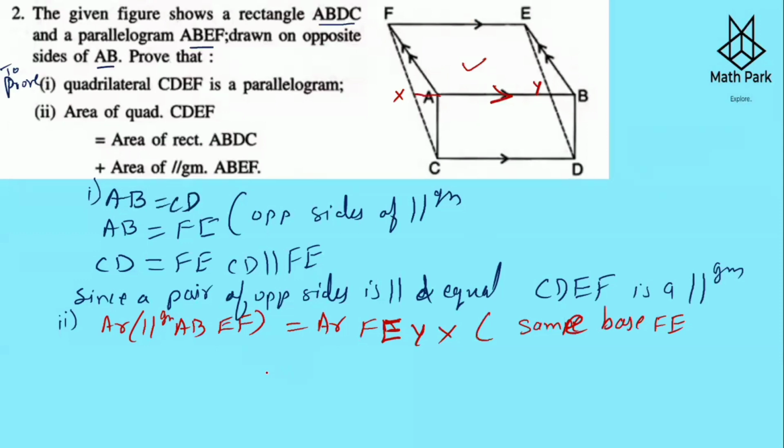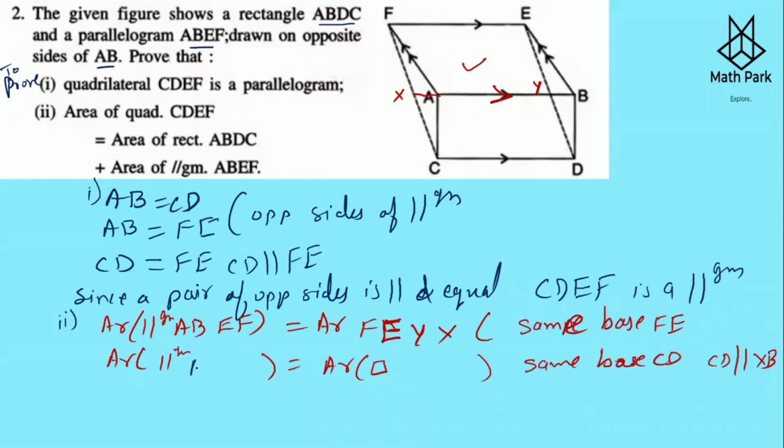So they are equal in area. Now the second parallelogram: the area of ABDC is equal to the area of parallelogram XYDC, as they are on the same base CD and between the same parallels CD and XB.